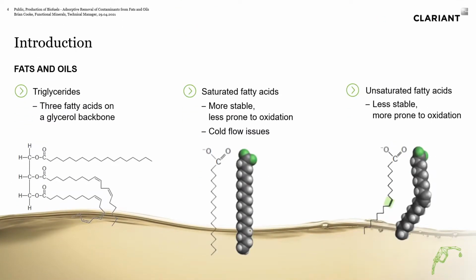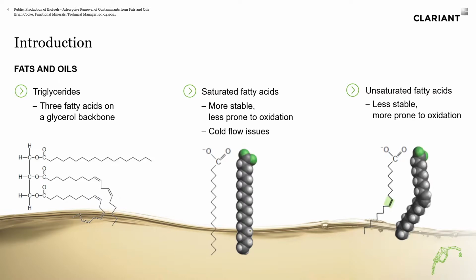So just as a basic introduction, we have saturated fatty acids and unsaturated fatty acids connected to a glycerol backbone. That's what makes up the triglyceride. Saturated fatty acids are more stable. They're less prone to undergo oxidation, but especially for biodiesel, they cause cold flow issues at the end of the process.